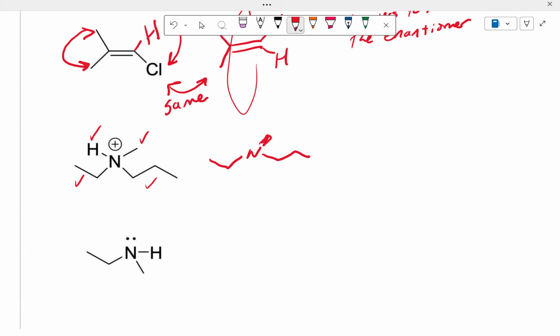Maybe that methyl group here has the solid wedge, the hydrogen has the dashed wedge. And if I want to draw its enantiomer, all I have to do is flip the wedges. Make the hydrogen solid and the methyl dashed.